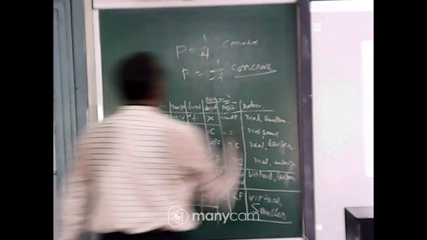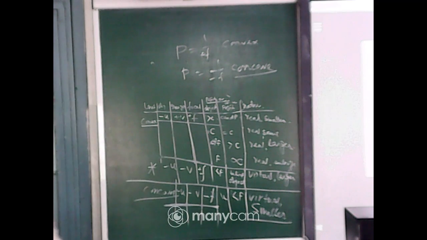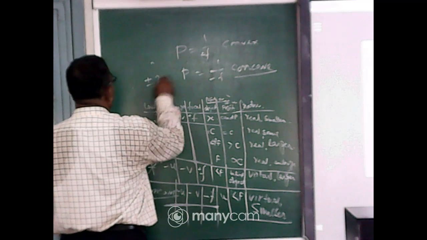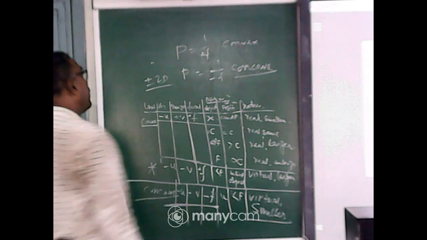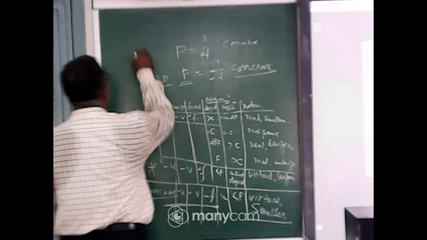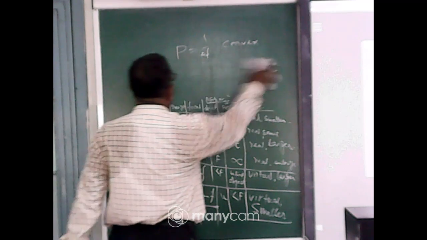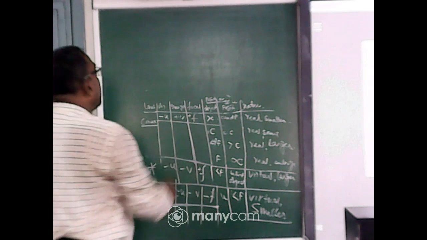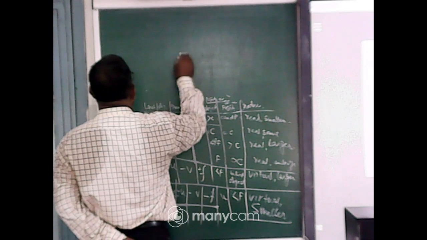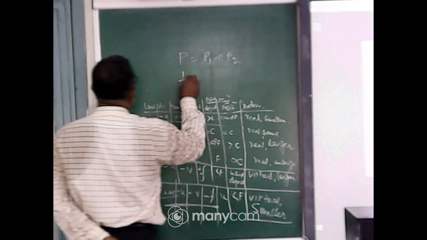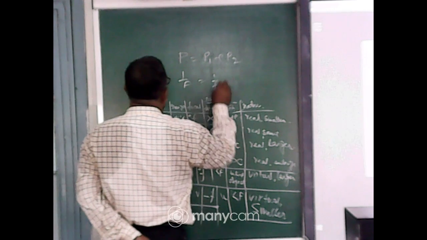So my dear student, you must be sincere about it. Plus minus 2D. And when two lenses are in contact to each other, the equivalent power of the lens equals P1 plus P2, or 1 by F equals 1 by F1 plus 1 by F2.